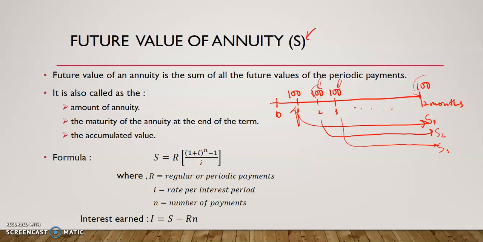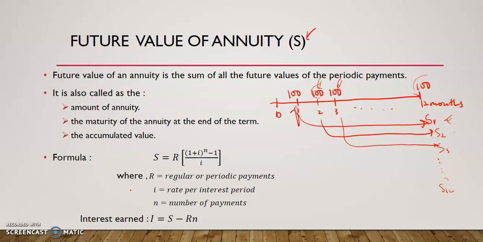So the future value of this annuity is S1 plus S2 plus S3 until S12, the sum of all future values of each periodic payment. So this is the future value of annuity. It is also called the amount of annuity, the maturity of the annuity at the end of the term, or sometimes we also refer to this as the accumulated value of annuity.